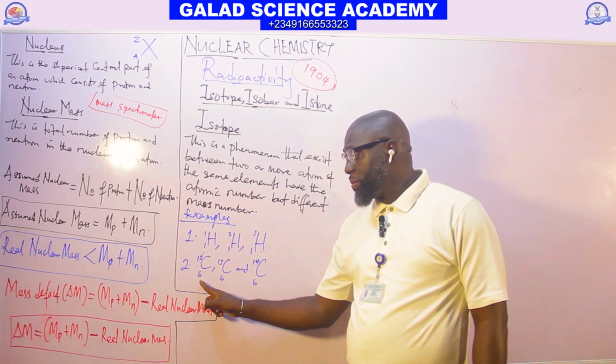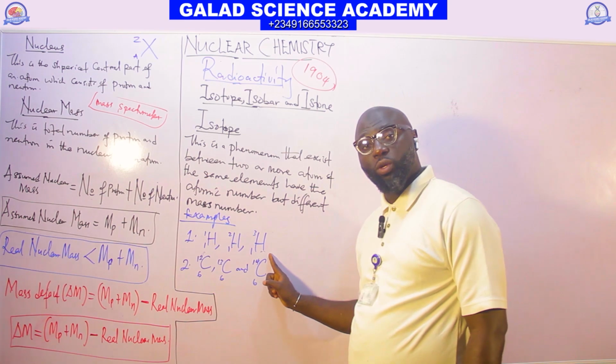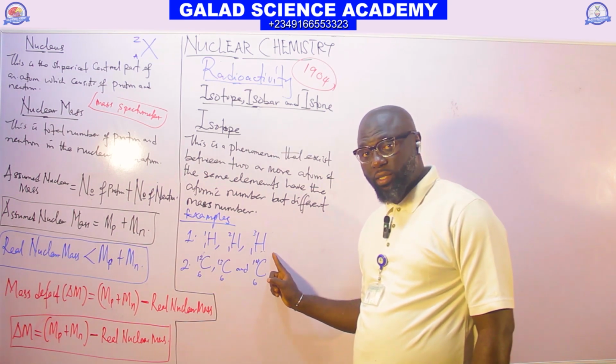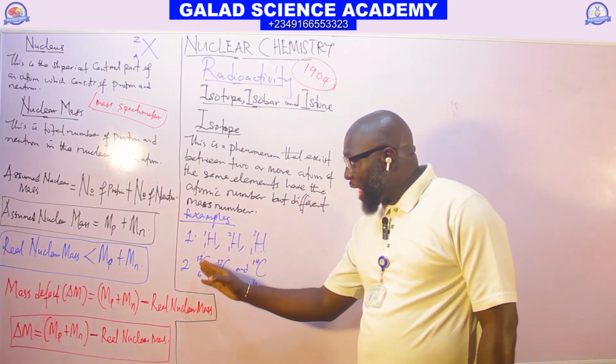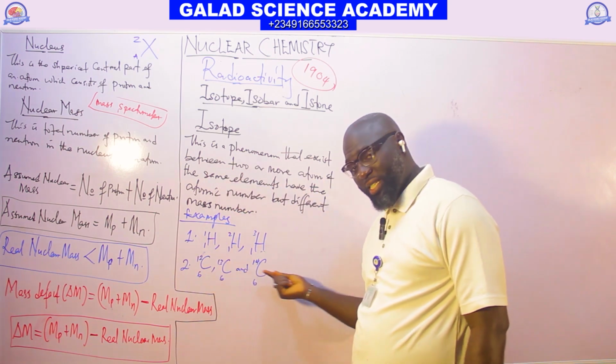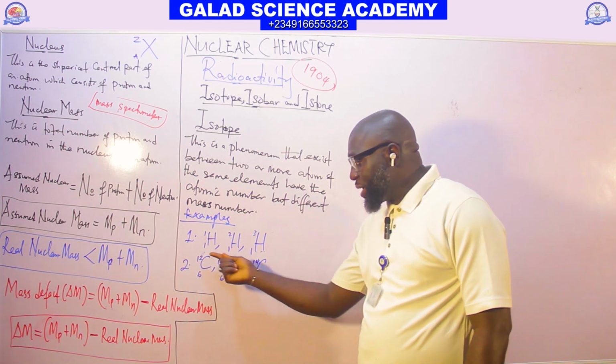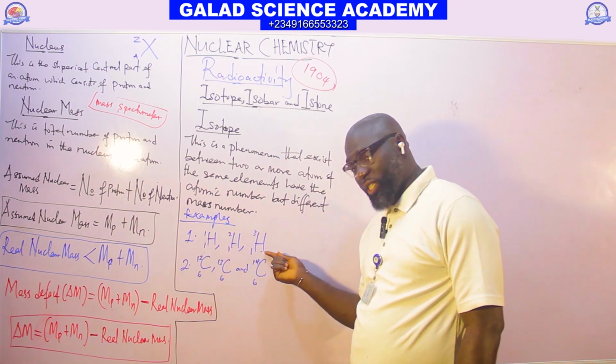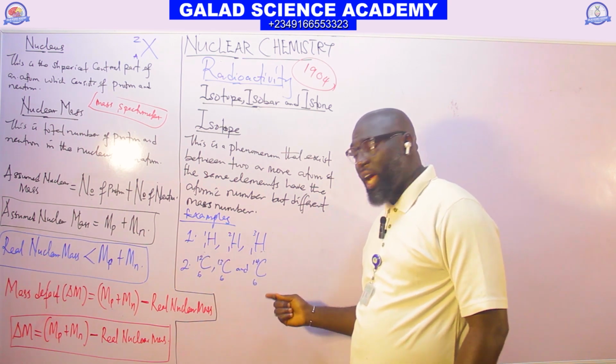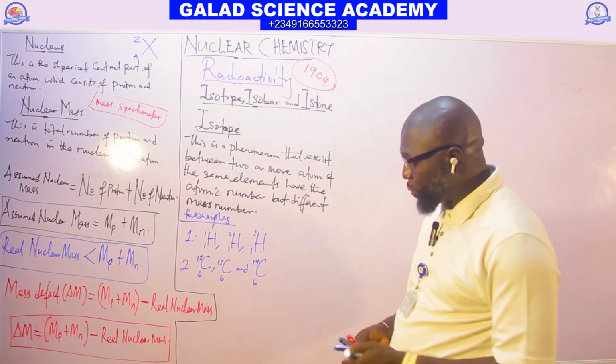The same atomic number but different mass number. They are atoms of the same element, carbon. Atomic number 6, mass number 12, 13, 14. That is isotope.